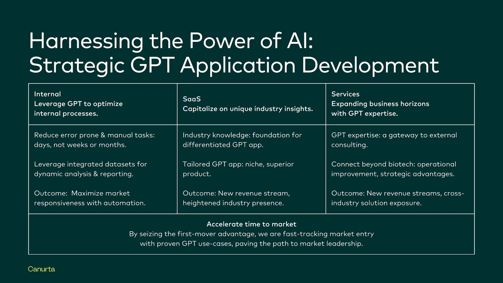So as far as with our SaaS offering, we're going to capitalize on our industry knowledge to develop an application targeted at biotech, which is both secure and flexible enough to use the models from the leading LLM providers such as OpenAI, Cohere, Google Bard, and so on.